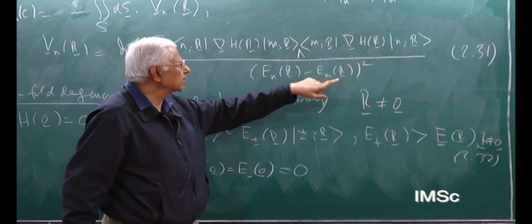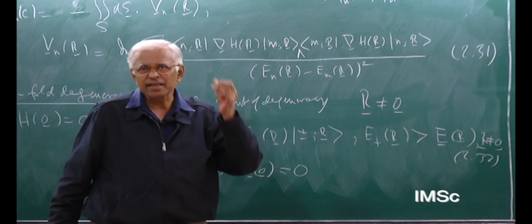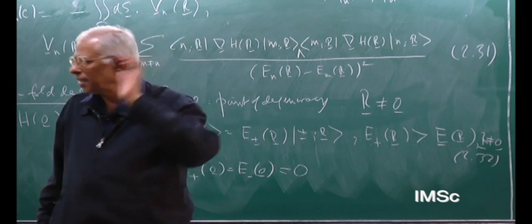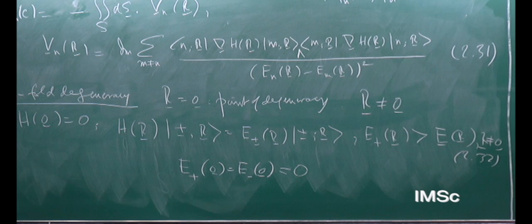So this thing is actually R squared. More than that I cannot say, but the Hamiltonian is a two-dimensional situation. It is cooked up, you can say, so that at the origin there is a degeneracy. Away from the origin, the eigenvalues differ and they are linear in R. Nothing more than that.